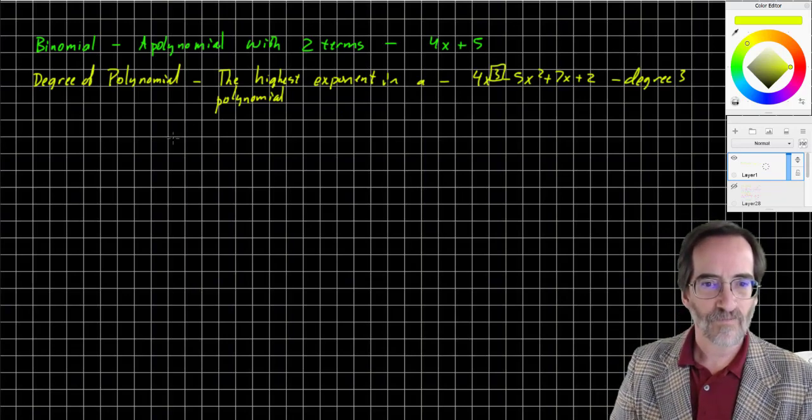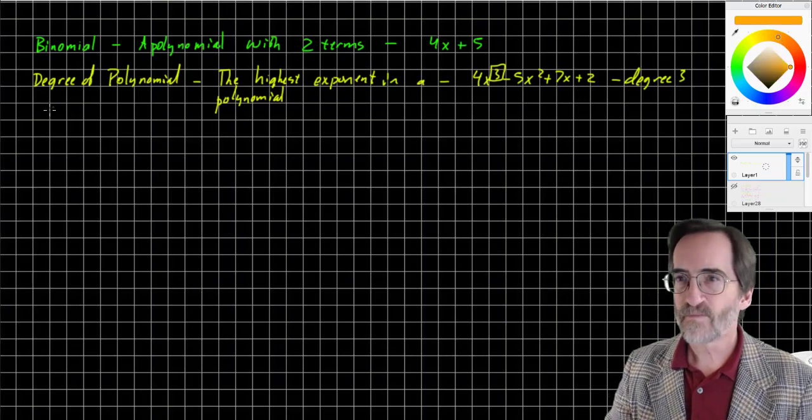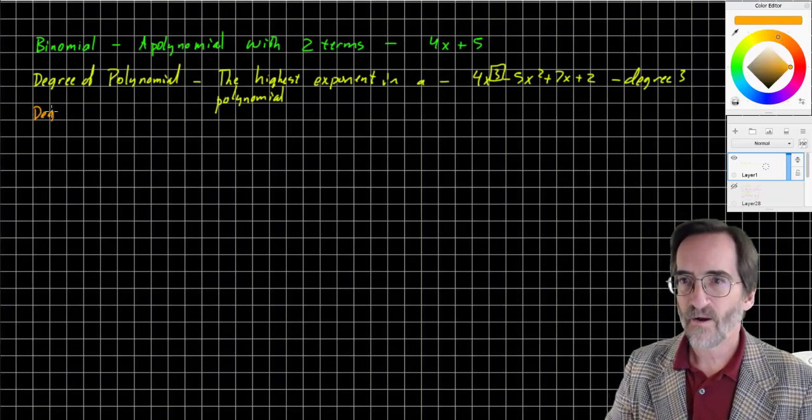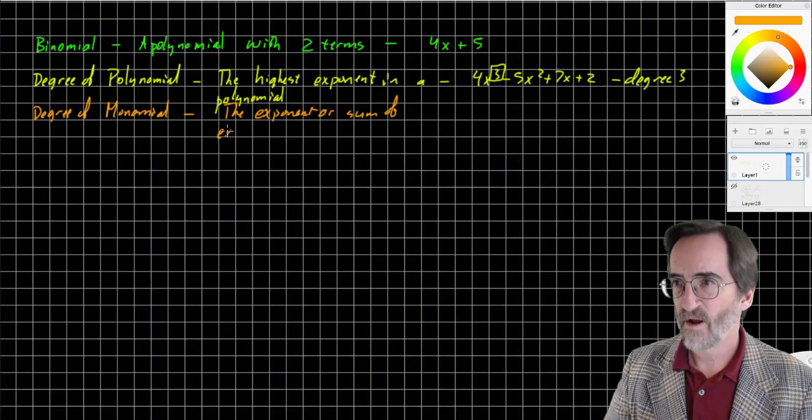Degree of a monomial. The power, or exponent, or sum of exponents of a monomial.